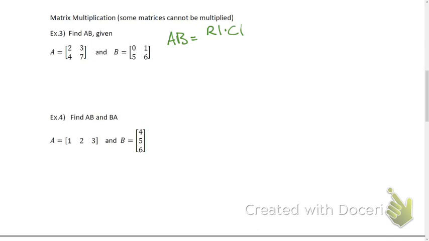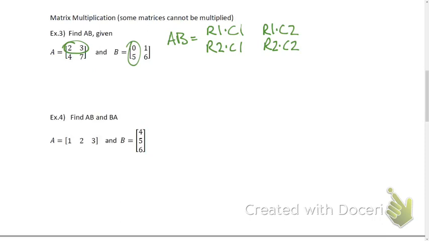So that means this row times this column. And for the next spot in the resulting matrix, you need to go row 1 times column 2. And then you're done with row 1, so you move to row 2 times column 1. It's like each row of A has to move through each column of B. So row 2 times column 2.